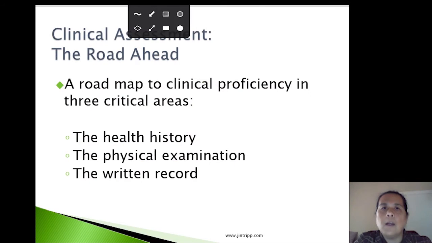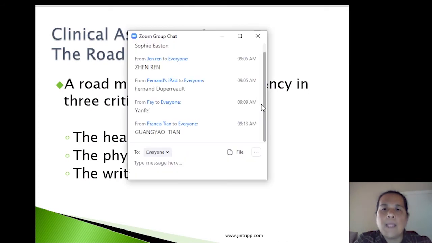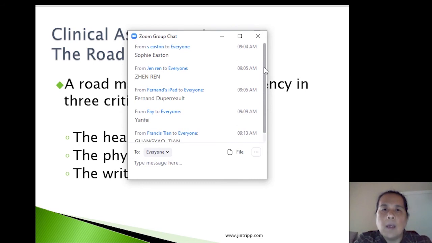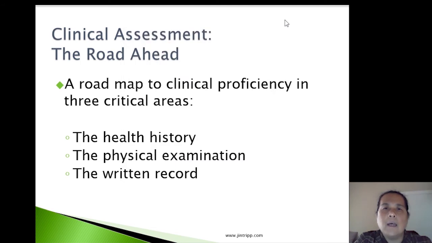So for TCM diagnosis, we have 4 ways. For Western diagnosis, it's still pretty similar there.